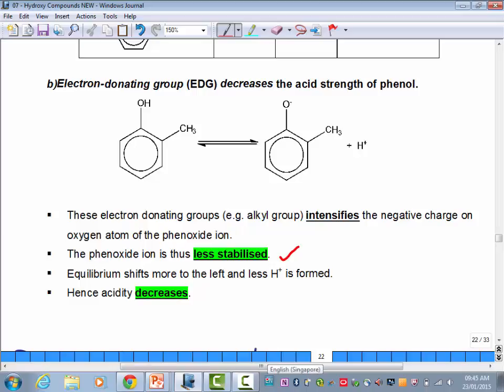So when it is less stable, do you think the forward reaction is favorable? No, right? If the forward reaction is not favorable, another way of saying it is that the equilibrium now shifts more towards the left, and as a result you get less of the product. If you get less of the product, it means you get less H plus. So at the end of the day, the conclusion is that the acidity is now lowered.